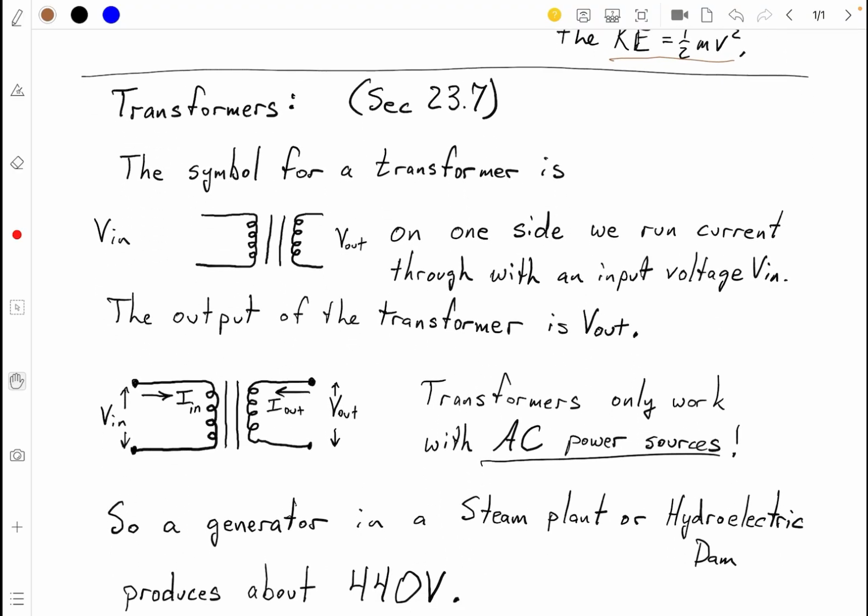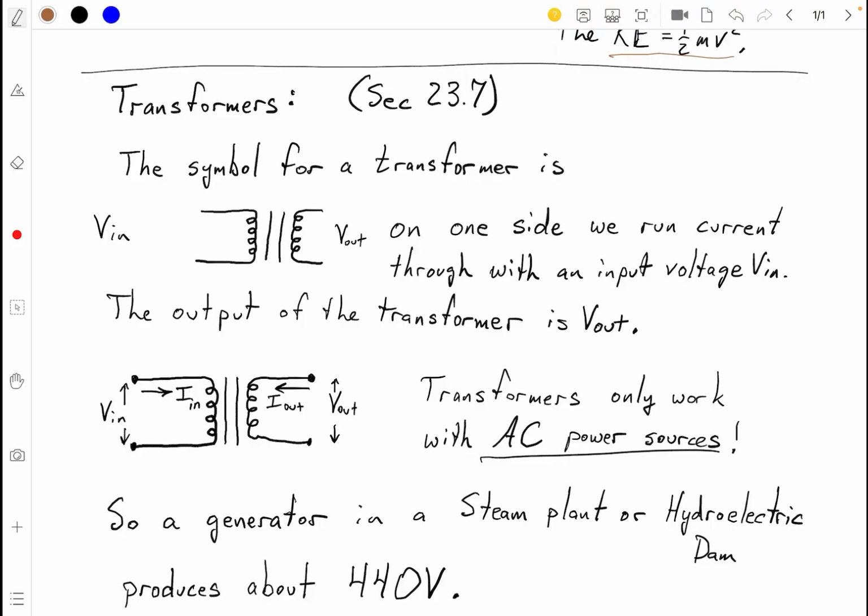Okay, so this last bit here is on transformers. Let's go for it. We've got section 23.7, the symbol for a transformer. And I don't know if I wrote this down for you guys already, but this is our voltage inside, this is our voltage outside, and the output is the V out, right?